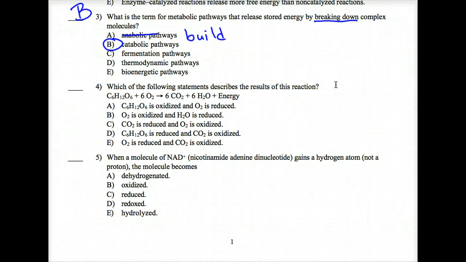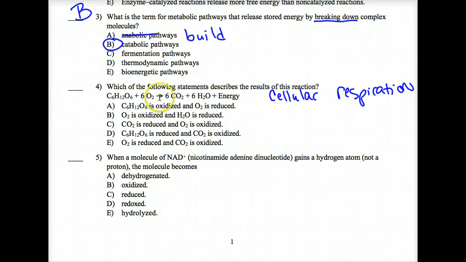Which of the following statements describes the results of this reaction? So let's look at the reaction. C6H12O6 plus 6O2 yields 6 carbon dioxide plus 6 water. So that is sugar plus oxygen yielding carbon dioxide plus water plus energy. This is cellular respiration, and it's balanced. So what am I doing?